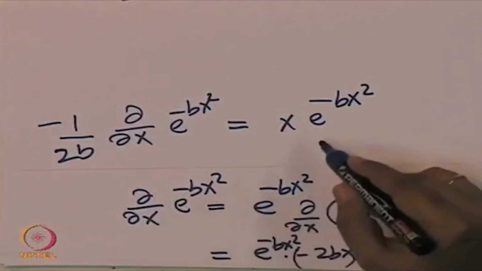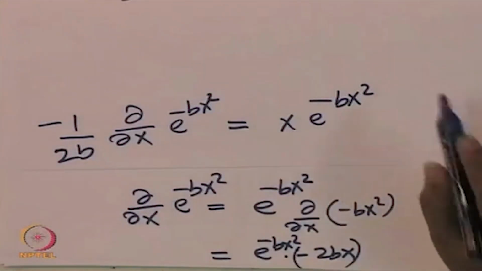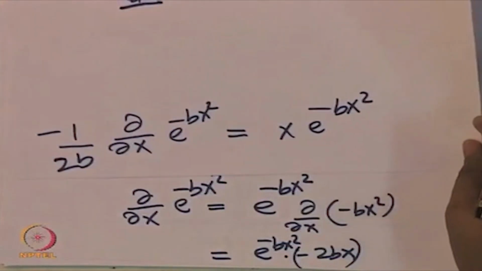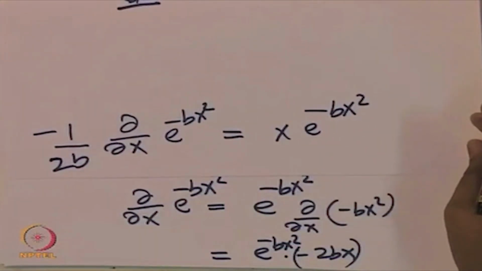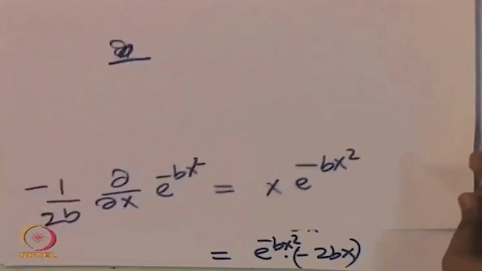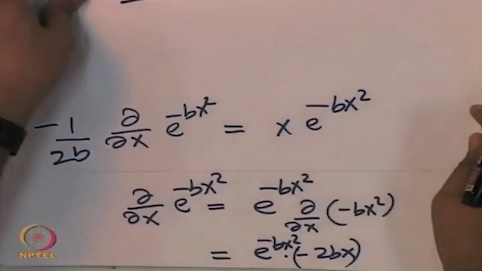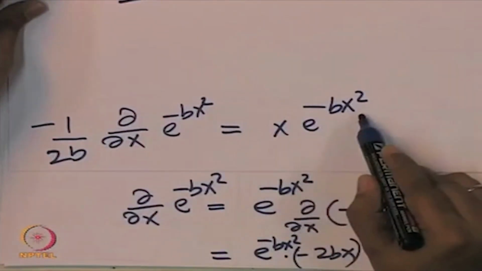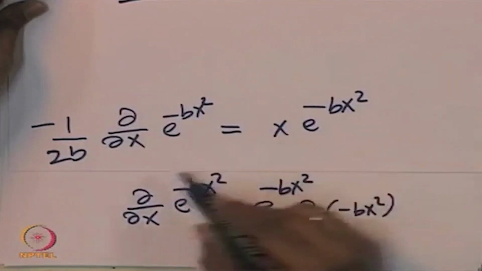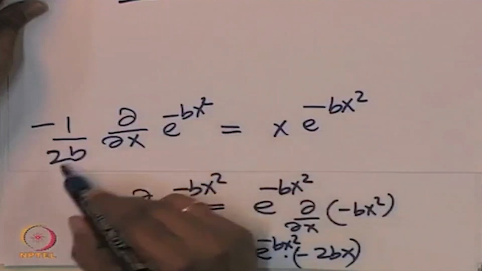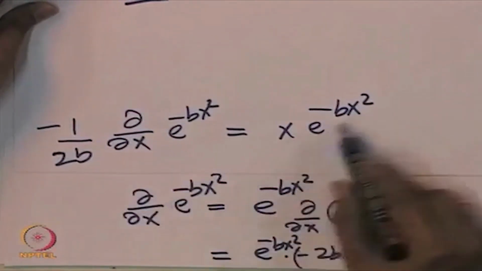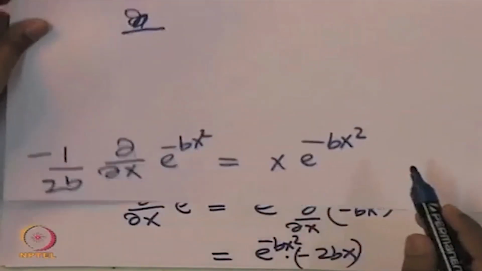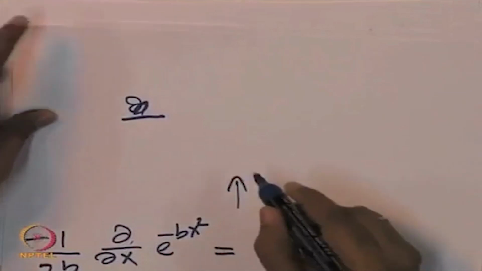So you substitute this there and do the integral yourself, you will find that the answer is indeed 0. I will not do this fully; you can do this yourself just by substituting the fact that x e power minus b x square is minus 1 over 2 b del by del x of e power minus b x square. So let us substitute this here.